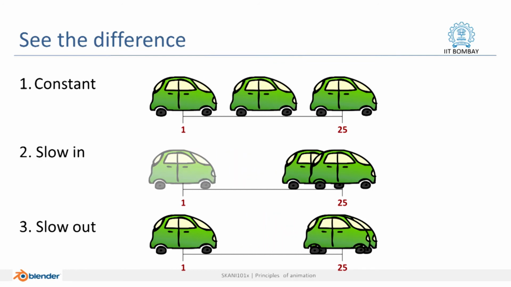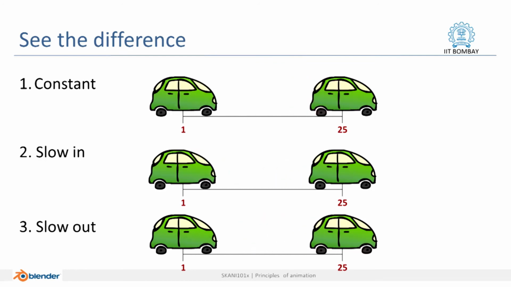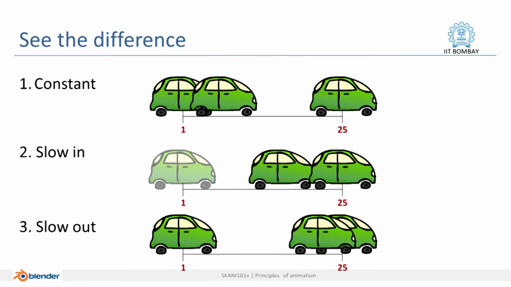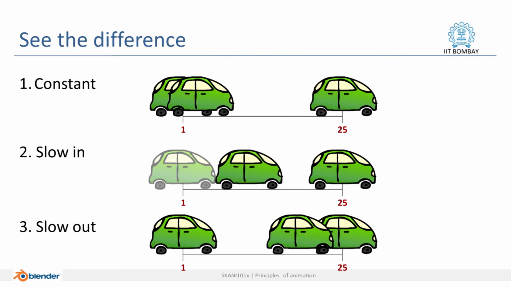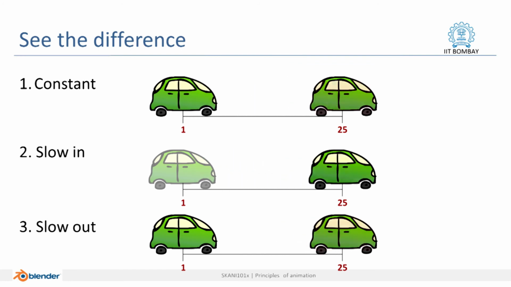Till now we have seen 3 different types of speeds: slow in, constant movement and slow out. You can see the difference in the speeds. Here the timing is the same, 1 second, but the speed of the object is different in every animation. We can conclude that applying the animation principle of timing and spacing can give realistic and believable motion.